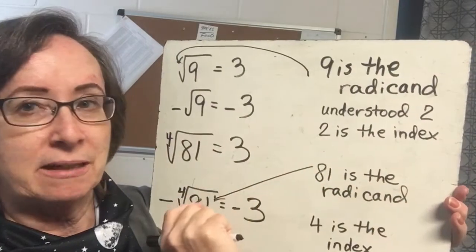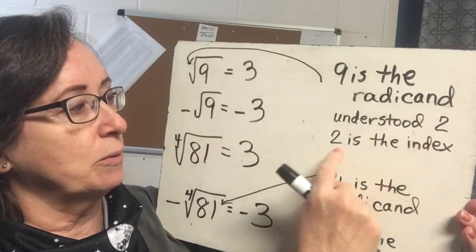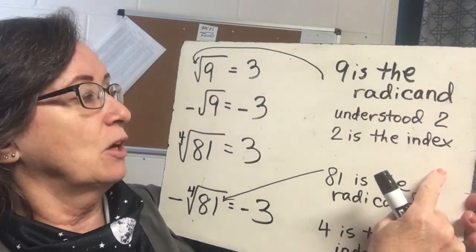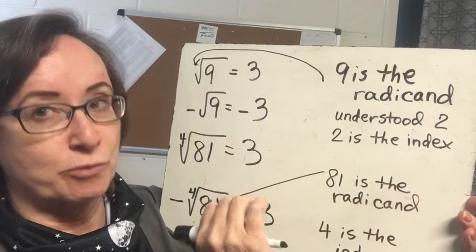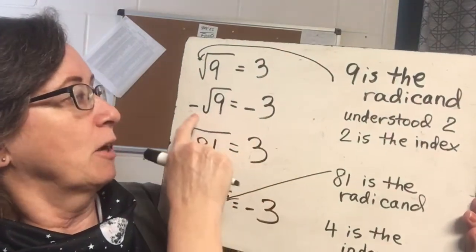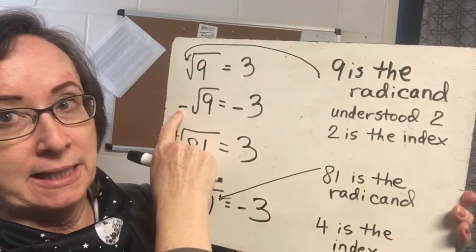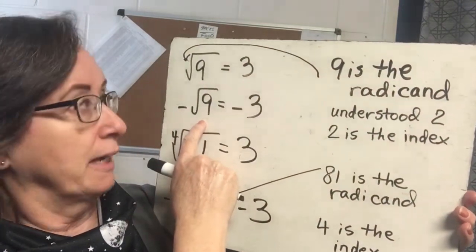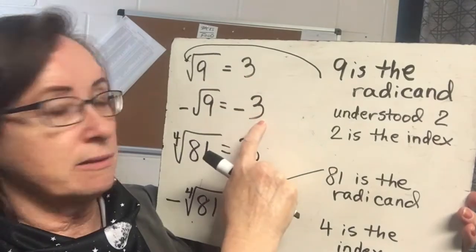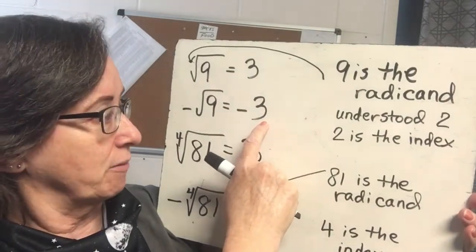Anytime we don't see a number, we understand it is a 2. So 2 is the index, which is the number of roots that we're going to take. So negative square root of 9 is going to be the opposite of the square root of 9. The square root of 9 was 3, so the answer is negative 3.